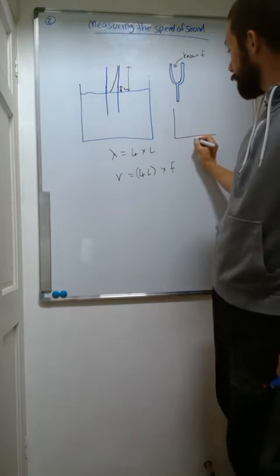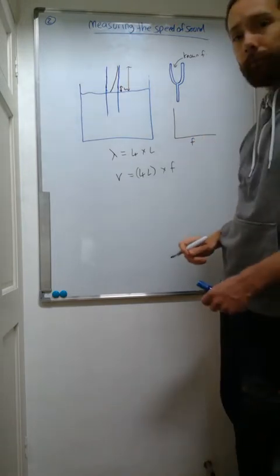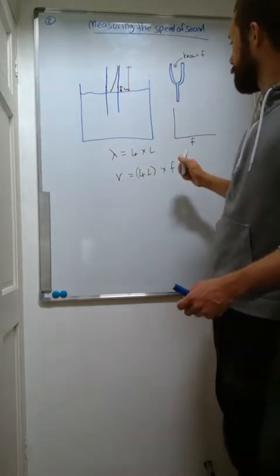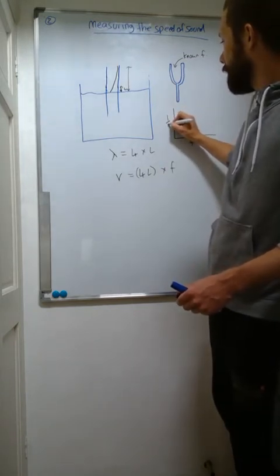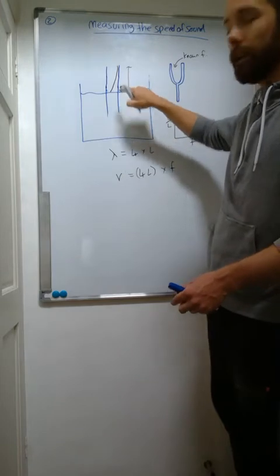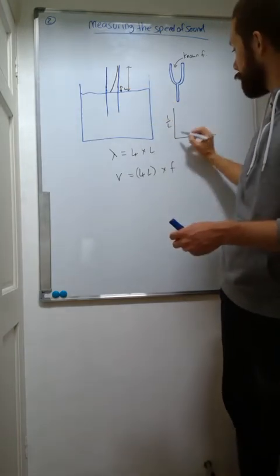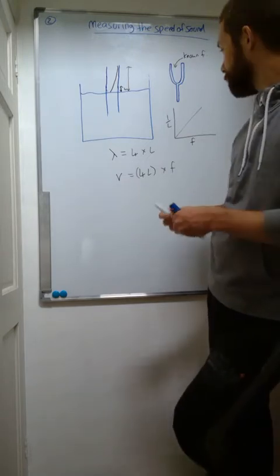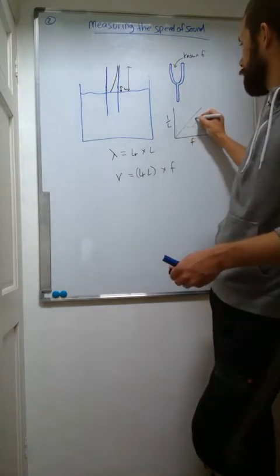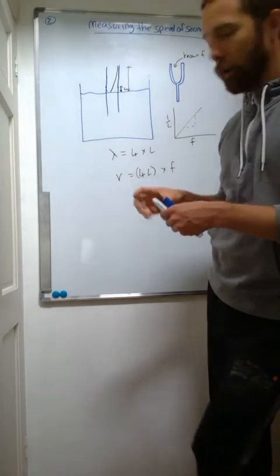If you plotted a graph of the frequency against 1 over the length, and I'll explain why in a second, you're going to get a straight line, and we're going to look at what the gradient means in a second.